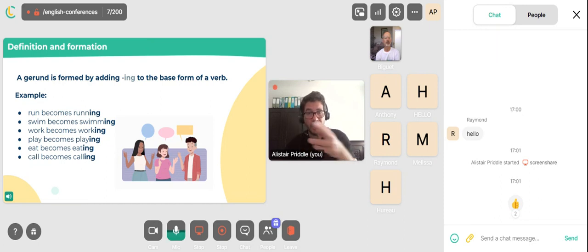Examples: run becomes running, swim becomes swimming, work becomes working, play becomes playing, eat becomes eating, call becomes calling. Okay, so not a difficult thing to do in oral English. We add -ing to the base form of a verb. Not too difficult.